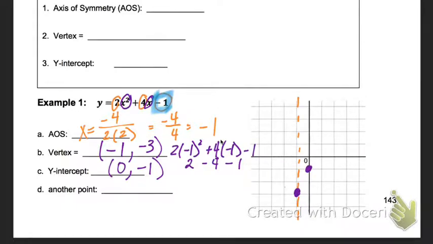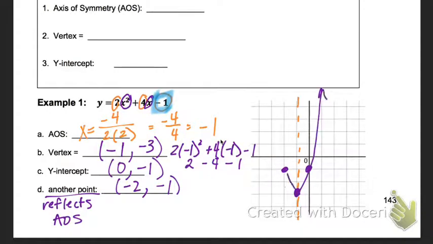And then another point, what that means is it's the one that is the mirrored reflection from the axis of symmetry, which would be negative 2, negative 1. So it reflects the axis of symmetry. And then from there, connect the dots.